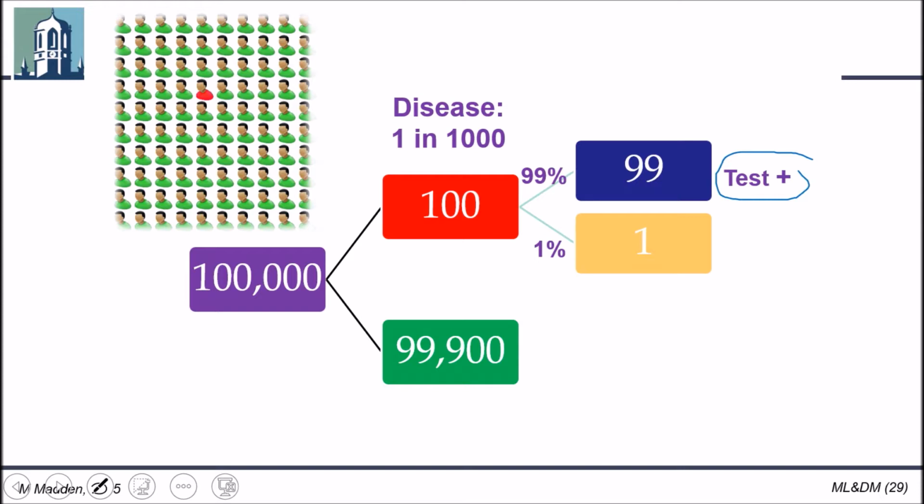This one here is called a true positive. Excuse me, if the person has the disease and the test gives the wrong answer, it must say they don't have the disease. So it gave a negative answer. That's a false negative.